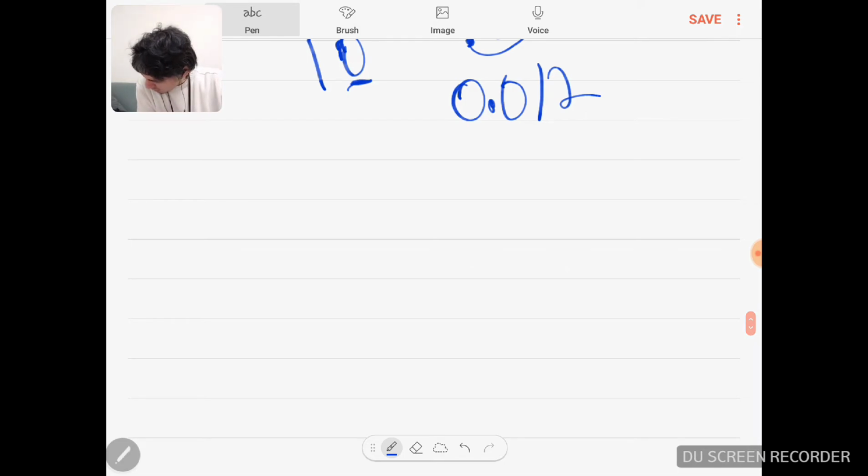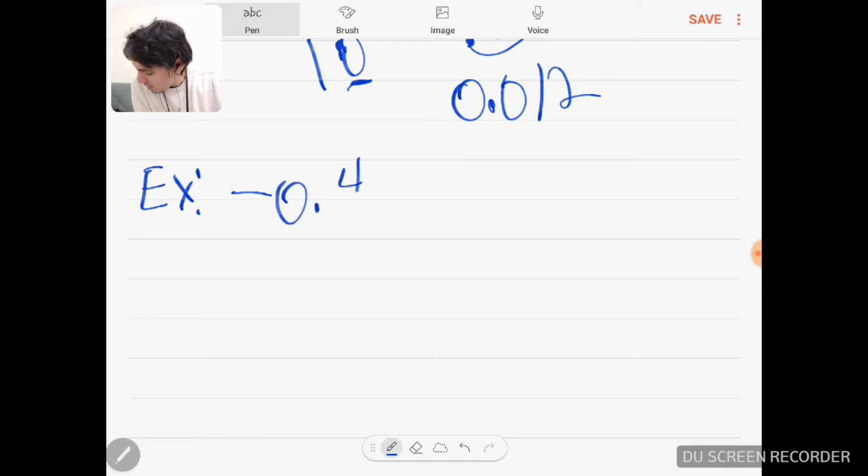Let's do a little bit harder one. Let's say negative 0.49 over 10.